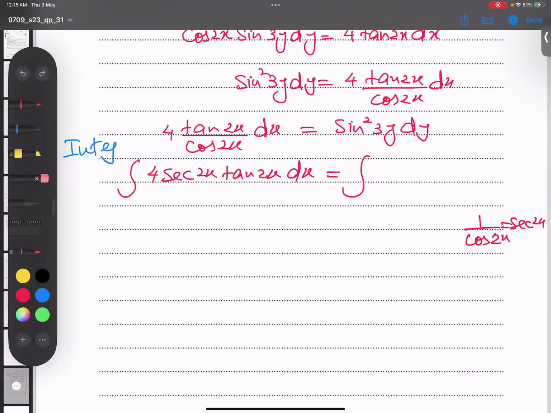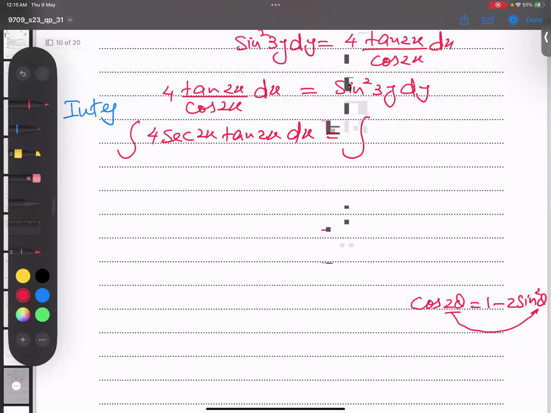If you recall, we have a special formula: cos 2 theta equals 1 minus 2 sine square theta. The half angle will come here. So if you look, sine square has a single theta, here 3y.